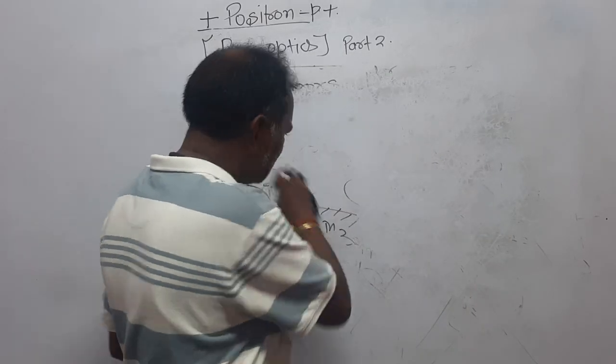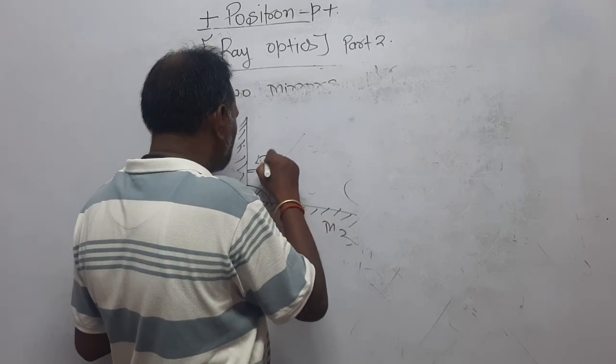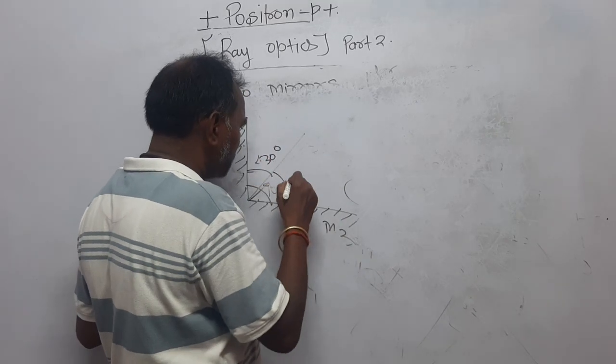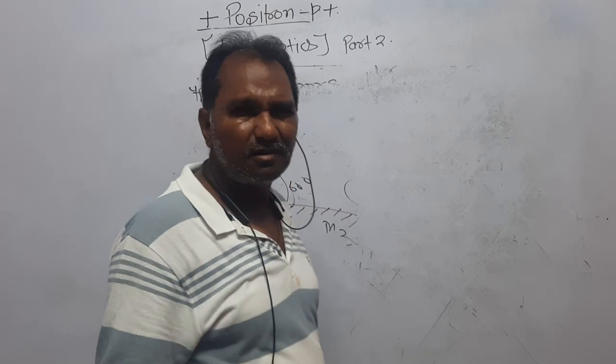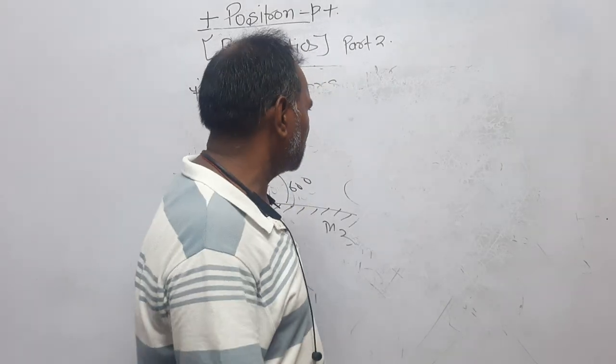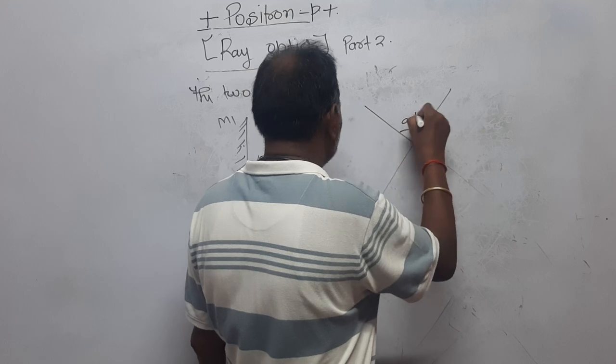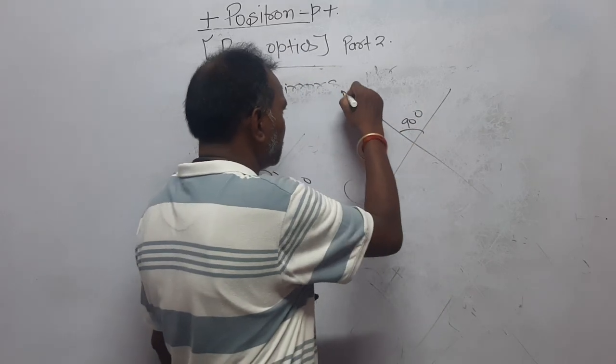Let the object be kept so that it is making 30 degrees from M1 and 60 degrees from M2. Now let's test how many images will be created, by crisscross, by spherical, any method you can apply. This is 90 degrees between mirrors M1 and M2.